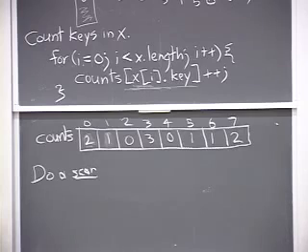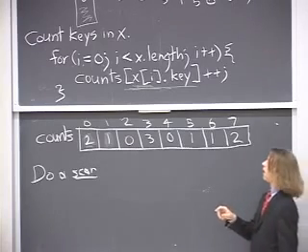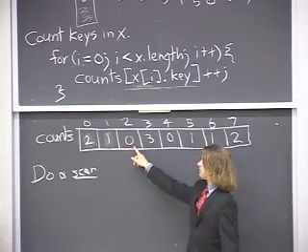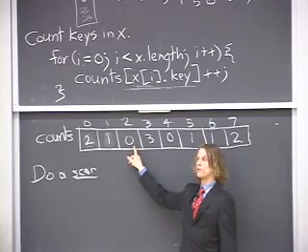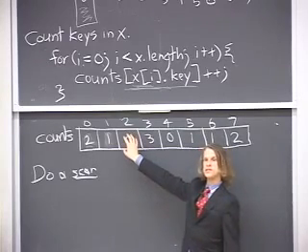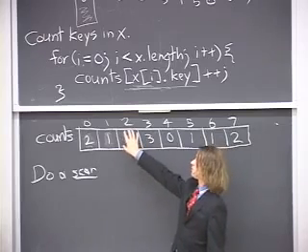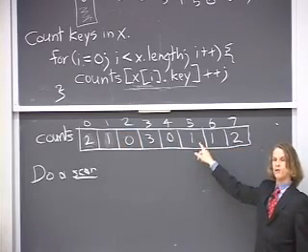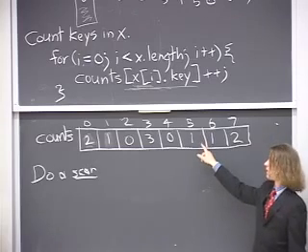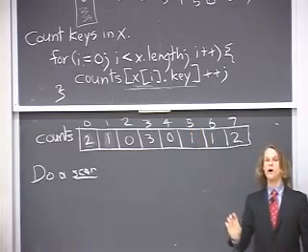And the purpose of doing this is to make sure that when we're done, this array element here is going to contain the place in the output array where I should put the first database record whose key is 2. This one is going to tell me where in the output array I should put the first database record whose key is 5, and so on.